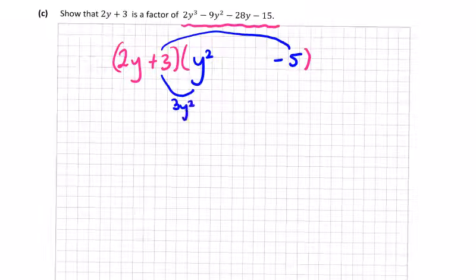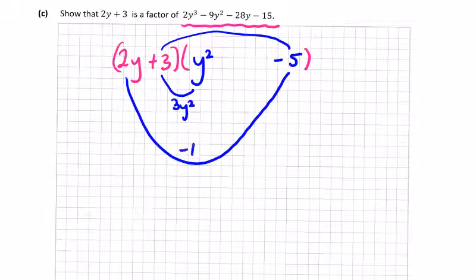I'm just going to write 3y squared beside this one. Here I have minus 10y. We want minus 28. And here I have my minus 15, this blue line. So let's just look at the red lines. The middle term, this red line going to whatever's in the middle here, is a y. We have a y squared, a y, and a number.